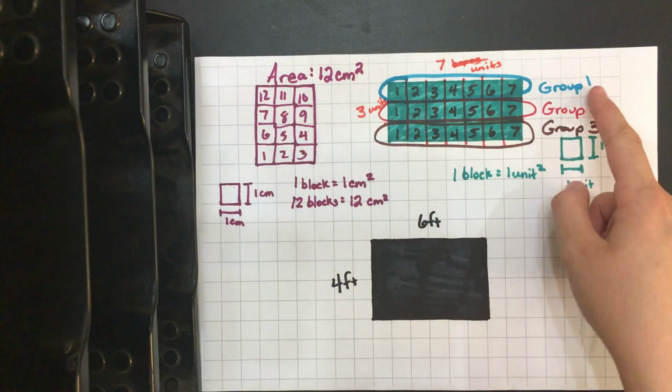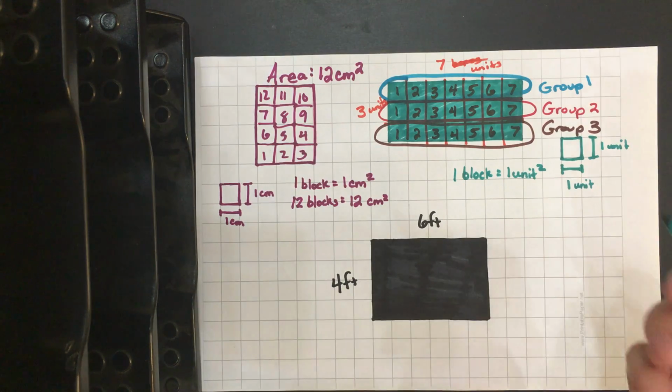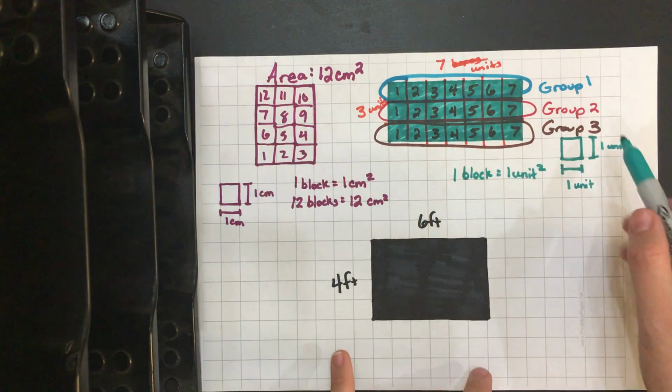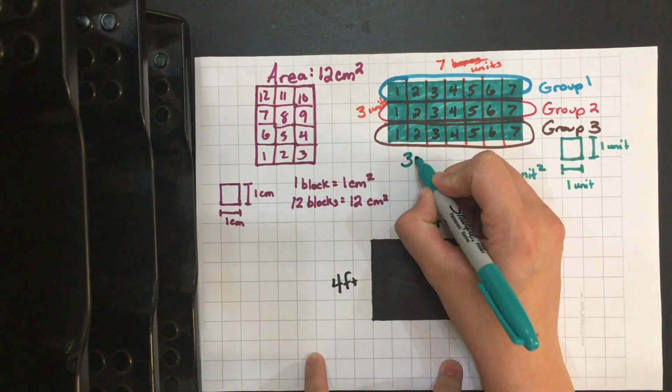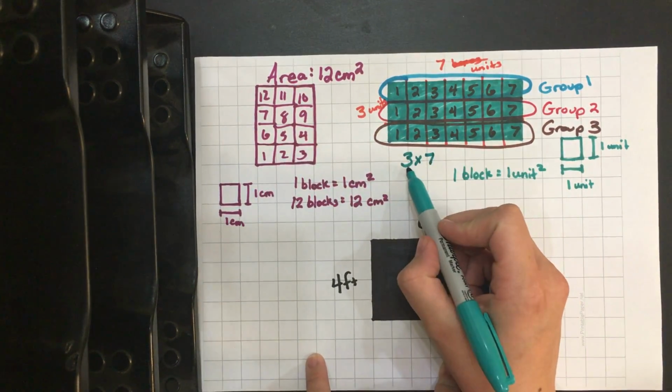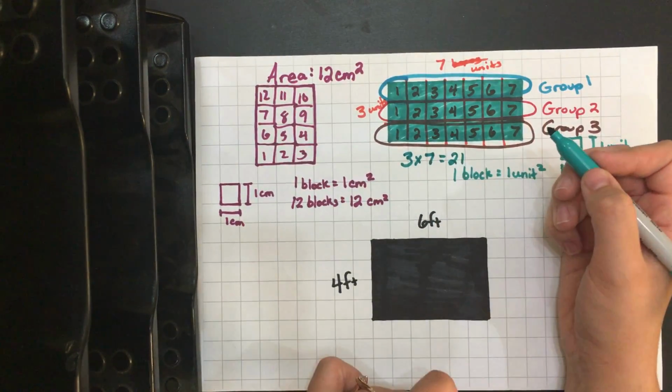Now, because we have equal groups, we can now do a multiplication equation, right? When we have equal groups, we can use multiplication. So, because there are 3 equal groups of 7, we can do 3 times 7. 3 equal groups of 7, which equals 21.